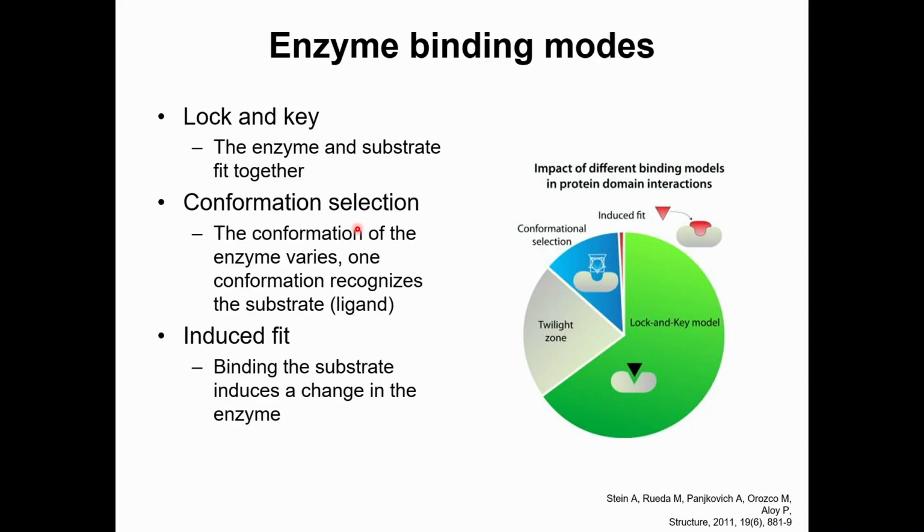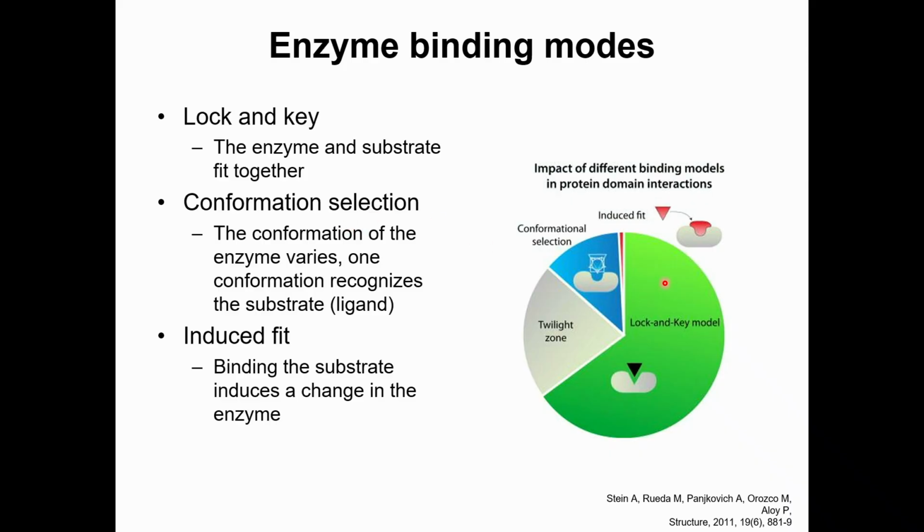So those are the three general modes by which different enzymes work: lock and key; conformation selection, where you're selecting a particular conformation out of many possible conformations; and induced fit, where binding of the substrate to the enzyme actually changes the structure of the enzyme a bit. Each particular enzyme will typically work by one of these three mechanisms.